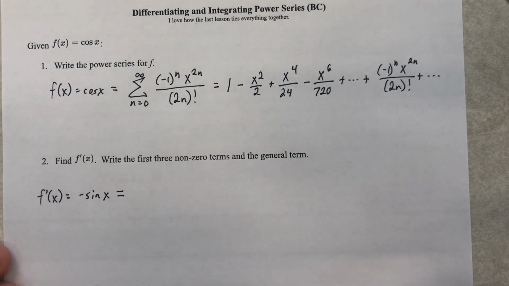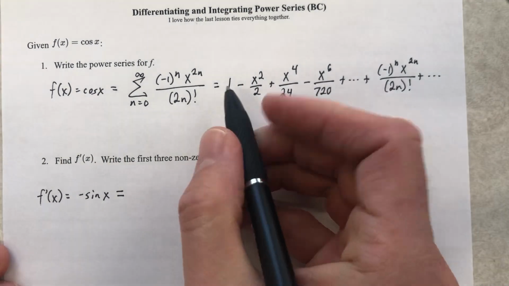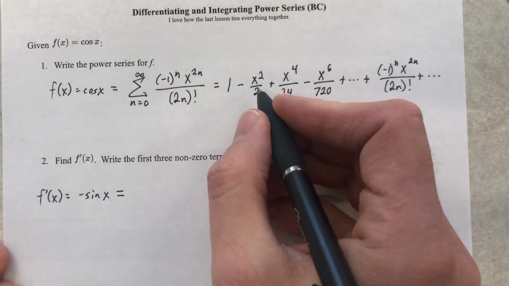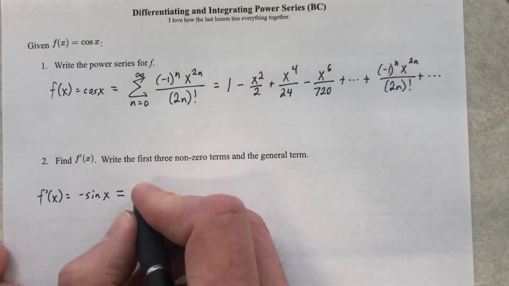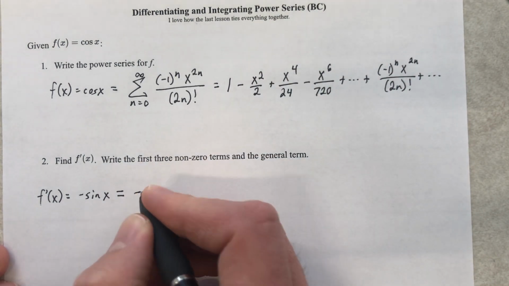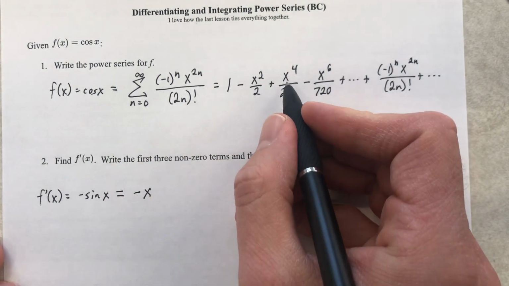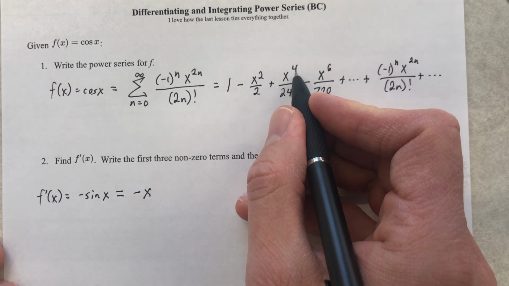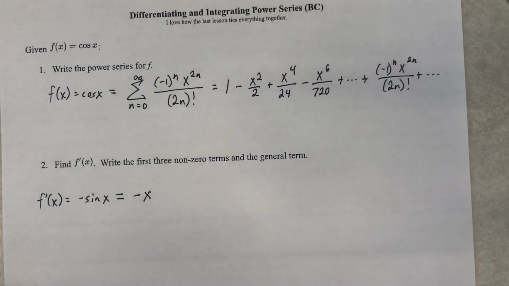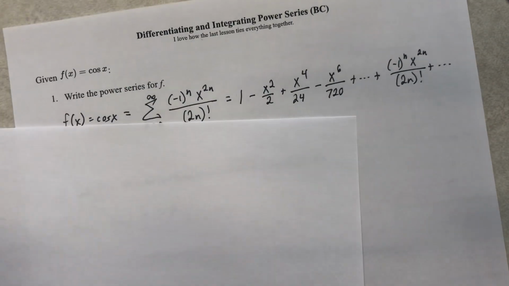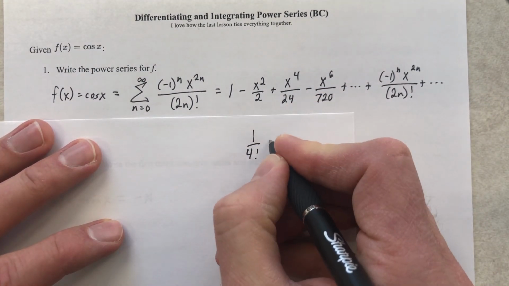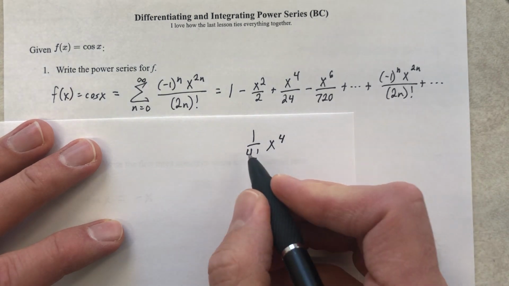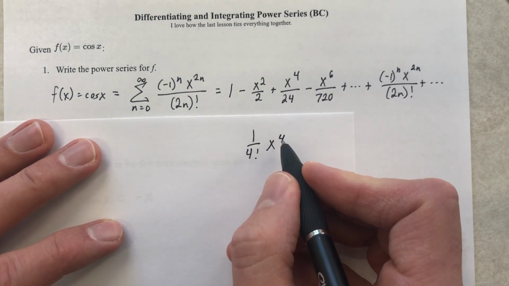Okay, we're taking a derivative. You've done it before. The derivative of 1 is 0. The derivative of negative 1/2 x squared would be negative 1x. The derivative of x to the 4th over 24 would really be, treat it like what it is. That's really 1 over 4 factorial x to the 4th, which means we would multiply 1 over 4 factorial by 4.